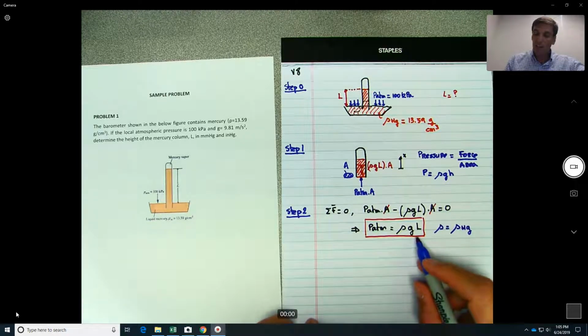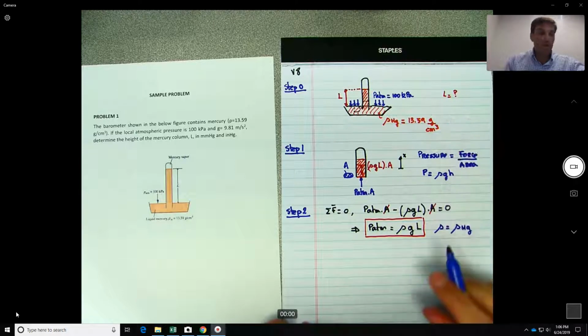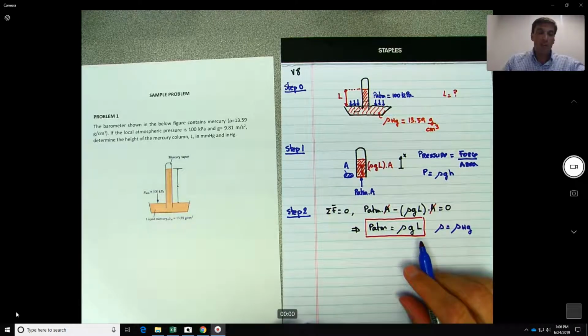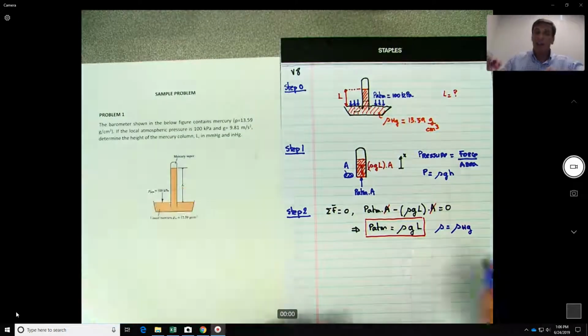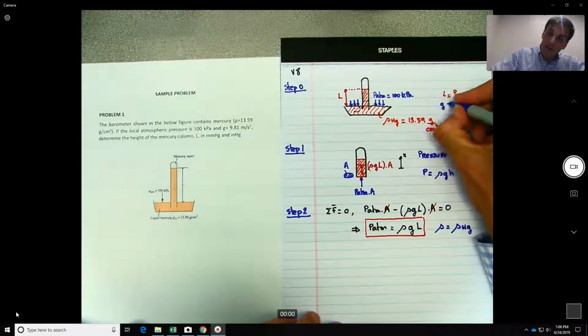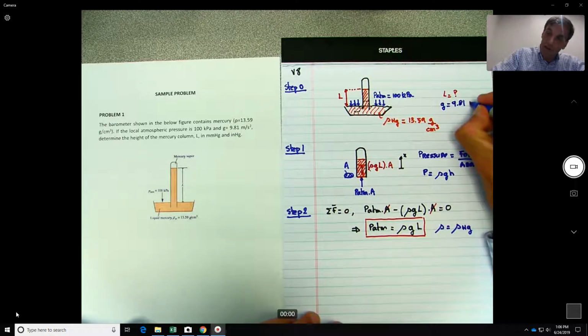Okay, g is the gravitational force, and L is what we need to find. Okay, so in this problem, something that was given, and maybe I forgot to put, is that the value for the gravitational constant is 9.81 meter per second square.